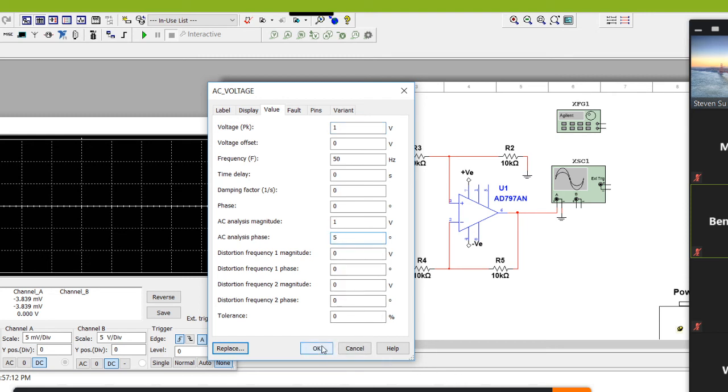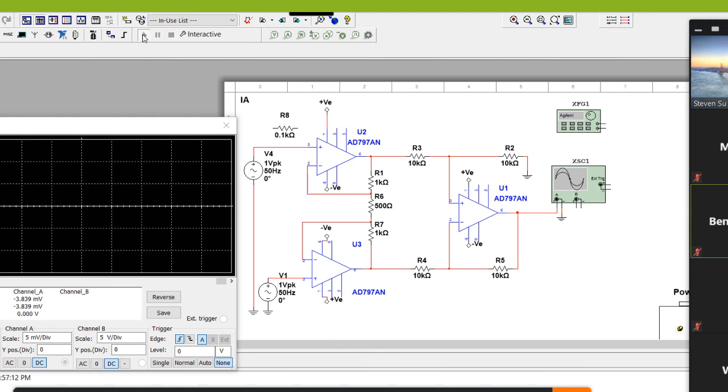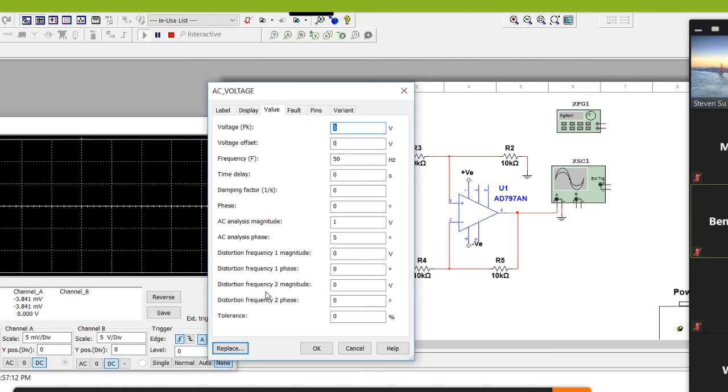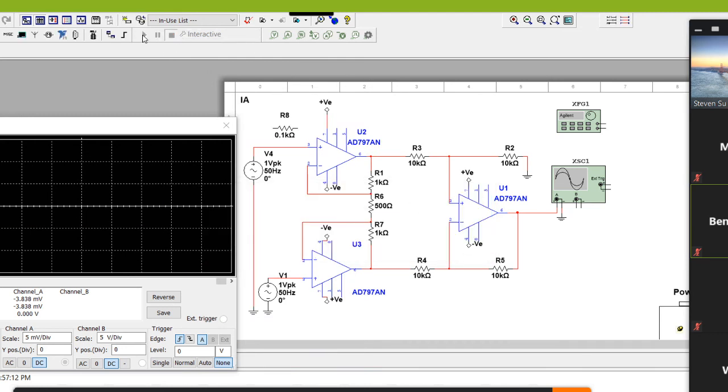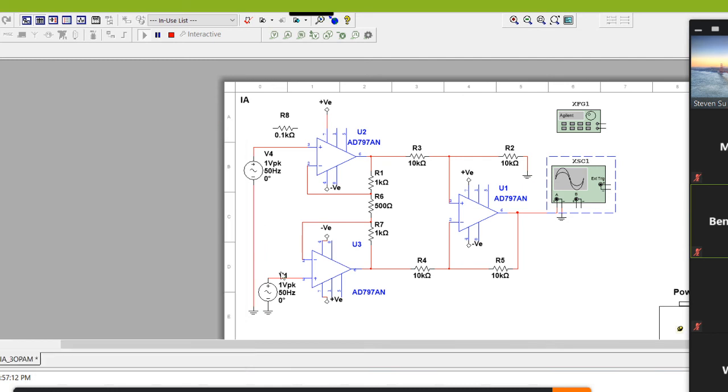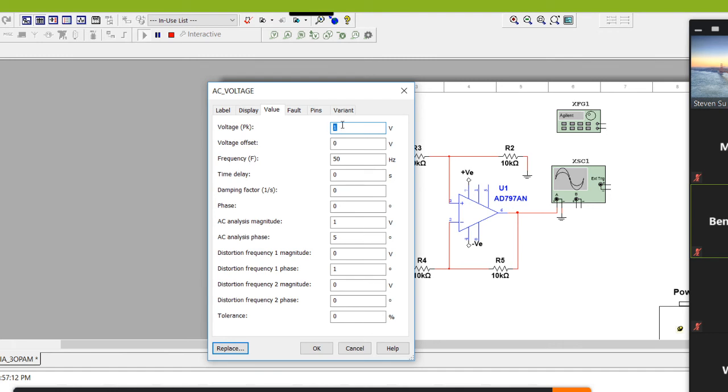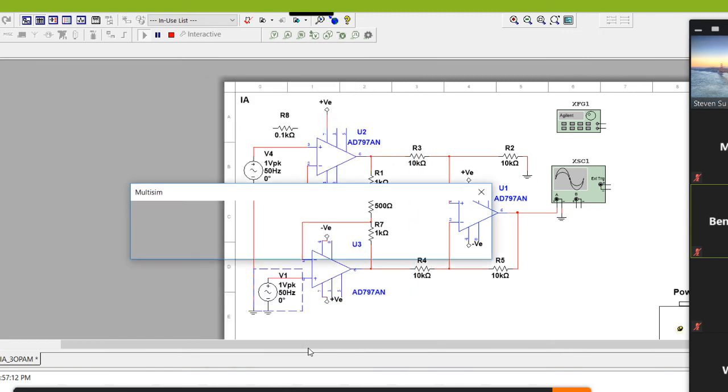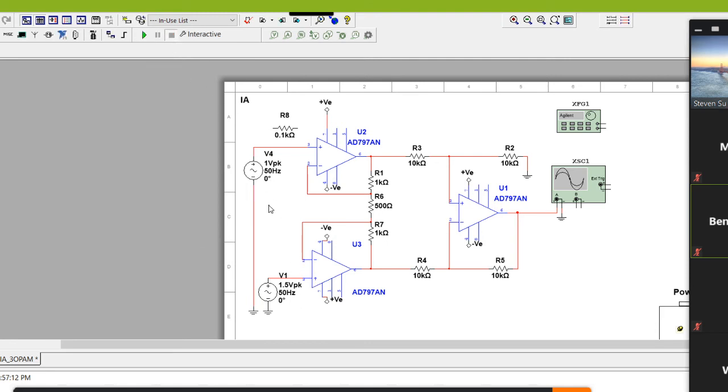I put a 5 degree difference, and if I do the simulation, it has some output. Then if I change the magnitude to, for example, 1.5, the differential input will be big.